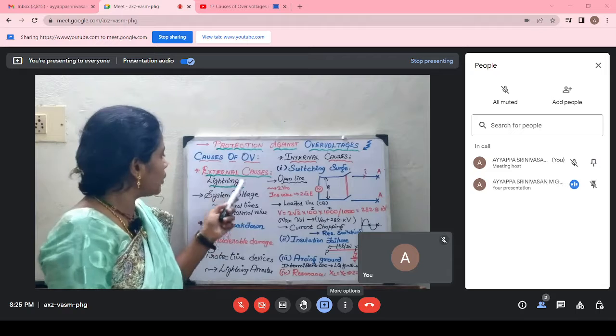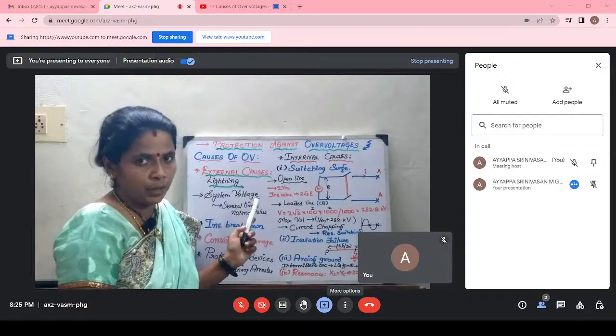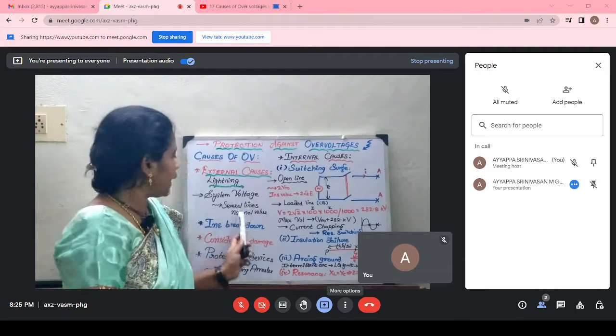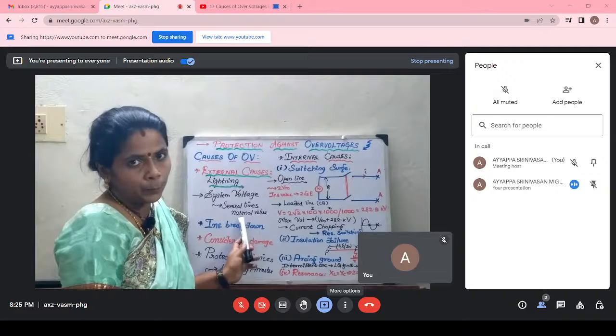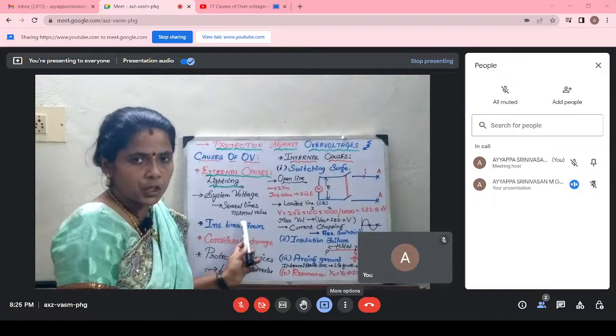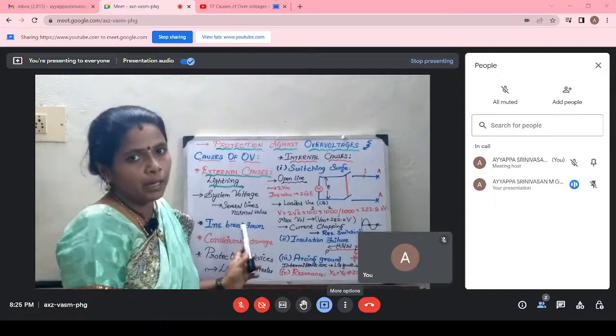Lightning is a steep fronted waveform wherein the voltage rises to several times the normal value. If lightning strikes the transmission line, it leads to insulation breakdown.